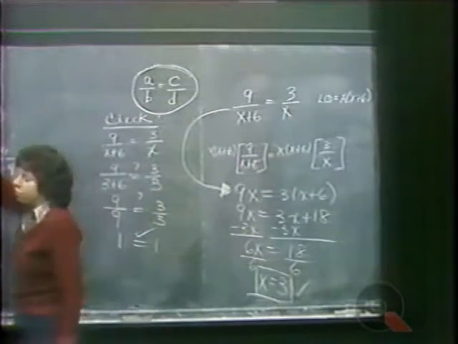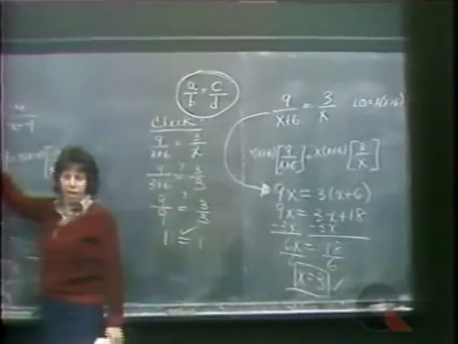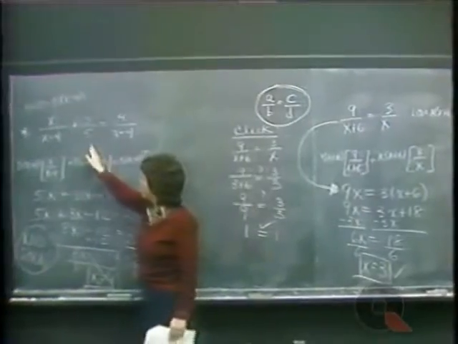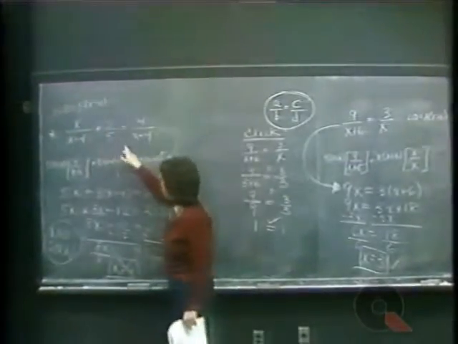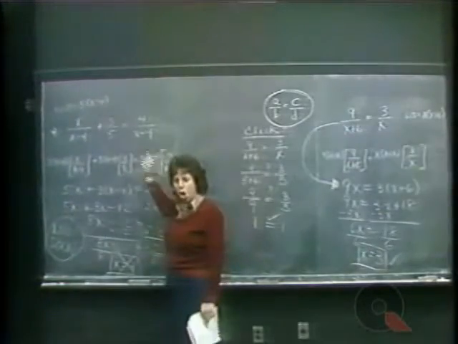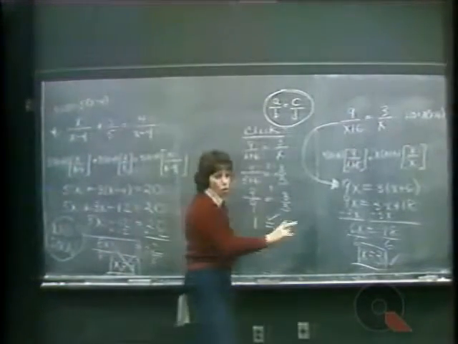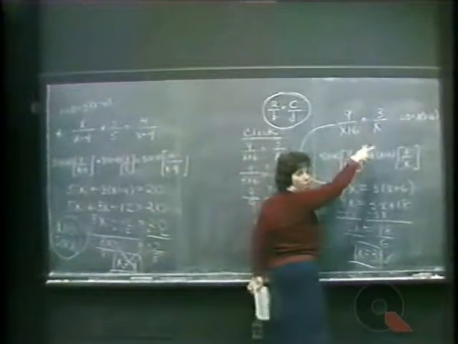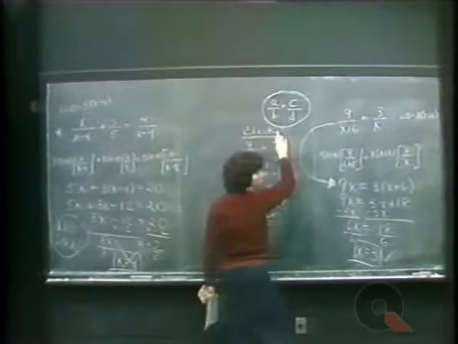It could not be used in a problem like this. In any of the other ones that we had today, when you had, say, the sum of two fractions equal to a third fraction, you could not cross multiply. It is only valid when you have one fraction equal to another, like we have over here.